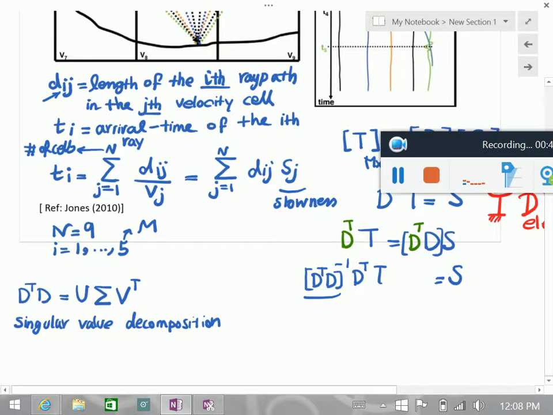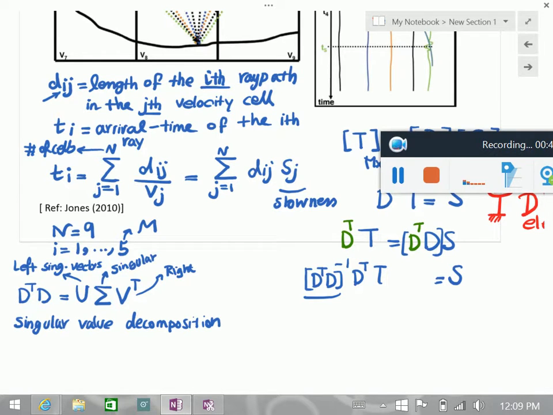One would be a singular matrix, this one is called the left singular vectors matrix, and this will be the right one. Sometimes it's helpful to do the decomposition and then invert each one of these components to get the inverse of your original matrix.